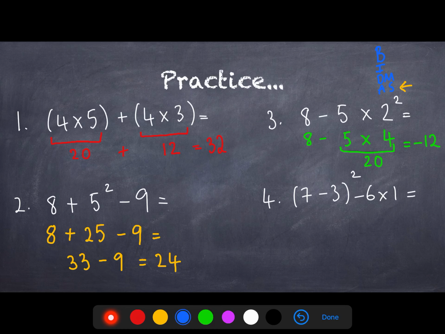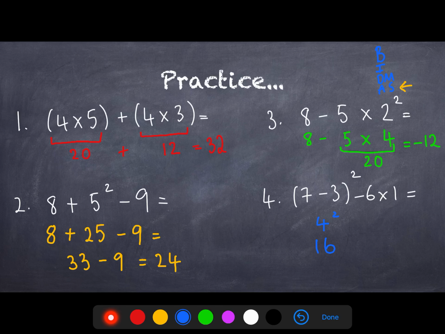Now, last but not least, I have got this last question, which has brackets and indices. So I'm going to do the bracket first. So 7 minus 3 is going to give me 4. Then I'm going to do the indices. So I've got 4 squared, which is going to be 4 times 4, which gives me 16.